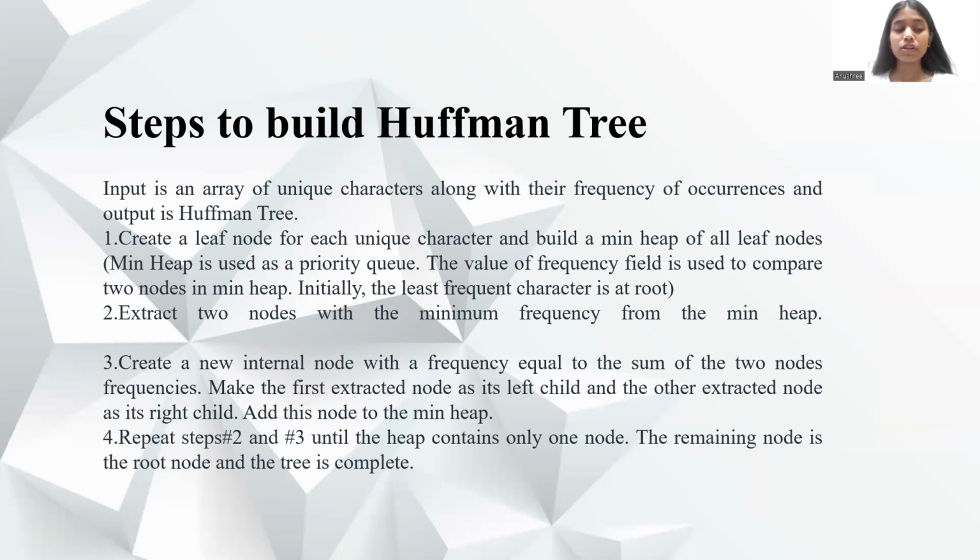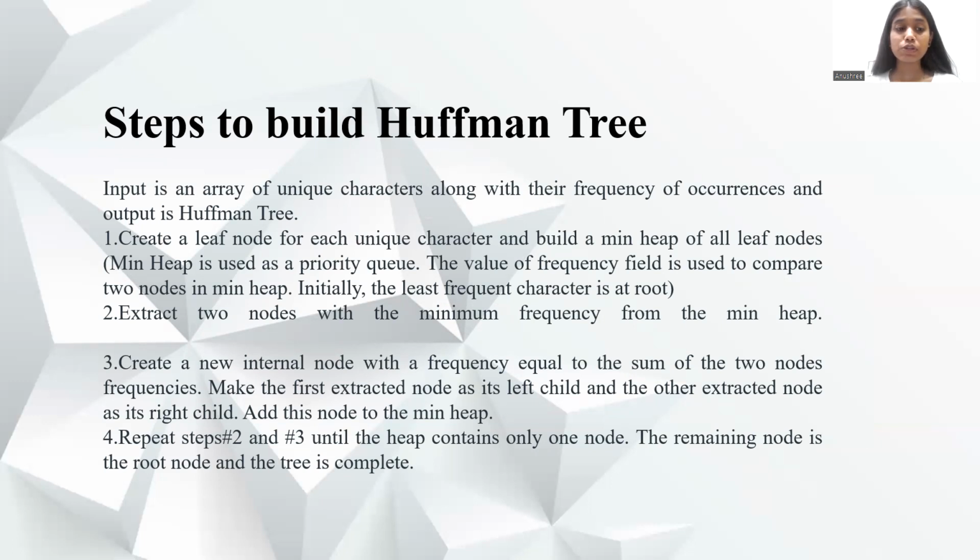The second step is to extract two nodes with the minimum frequency from the min heap. As I already said, we will arrange the frequencies in increasing or non-decreasing order, and then we go on summing up the frequencies which are minimum.